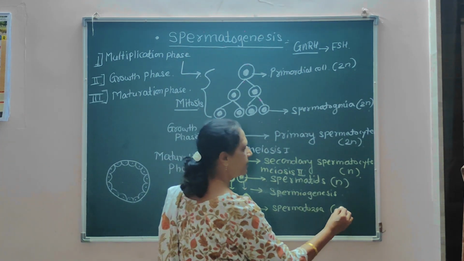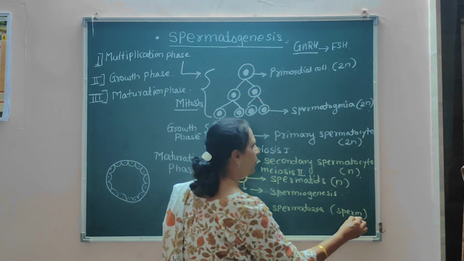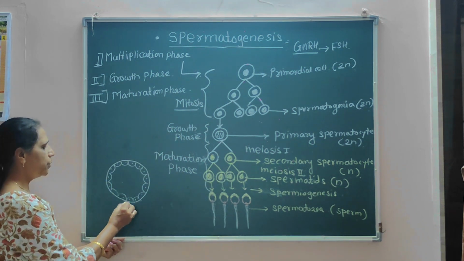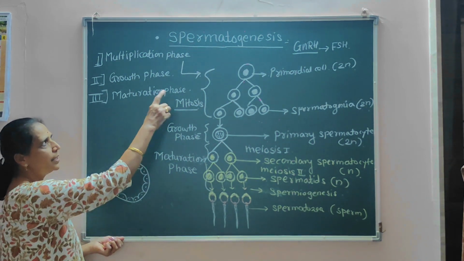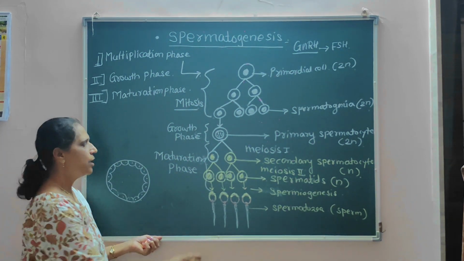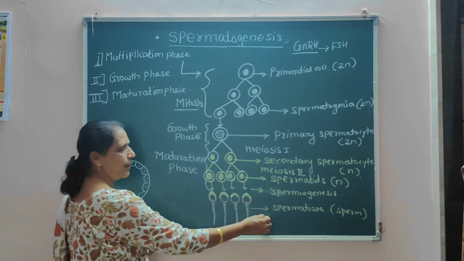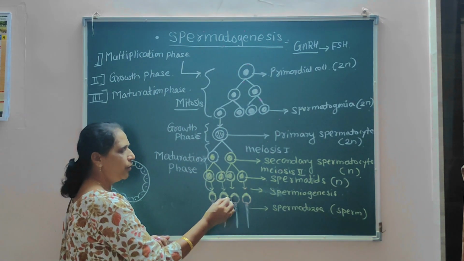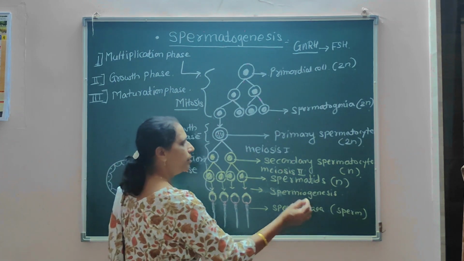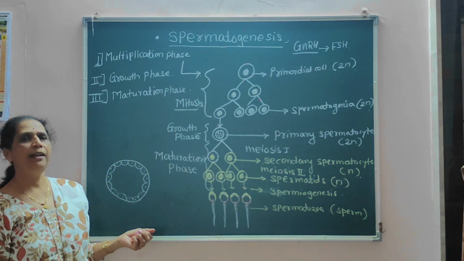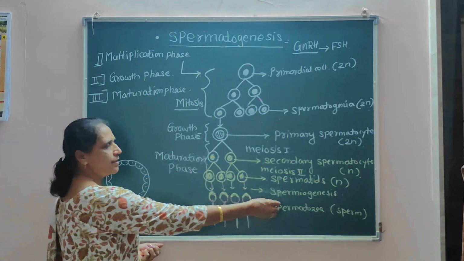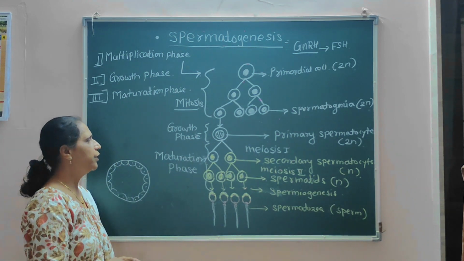They are also known as sperms or male gametes, formed in this seminiferous tubule by the process of spermatogenesis. So these are the functional sperms. These are motile and functional, and act as male gametes and help in fertilization.